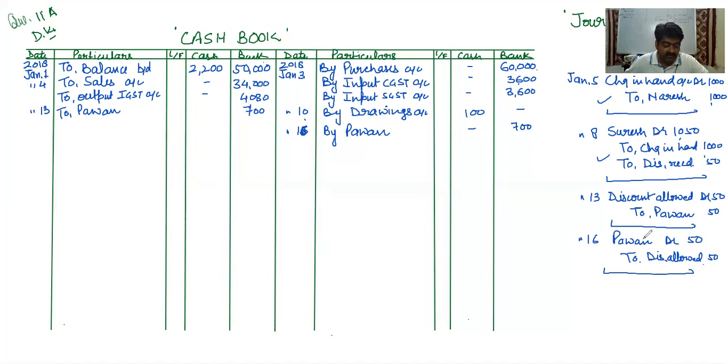Now next point is deposited into bank balance of cash in excess of rupees 250. This is very good point. So first of all, see what we have to do. First of all, we have to calculate closing balance of cash. Let's see how much cash balance we have.